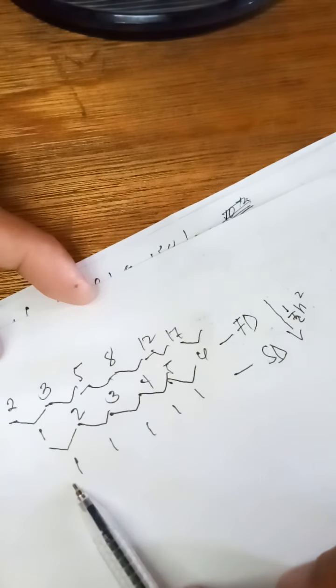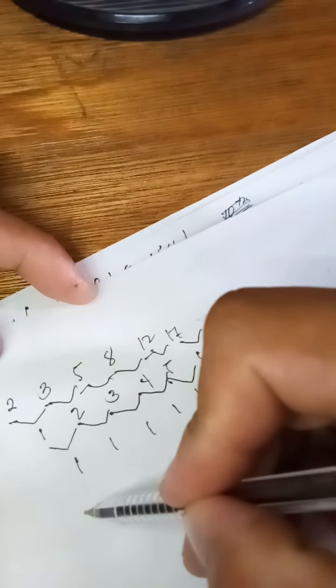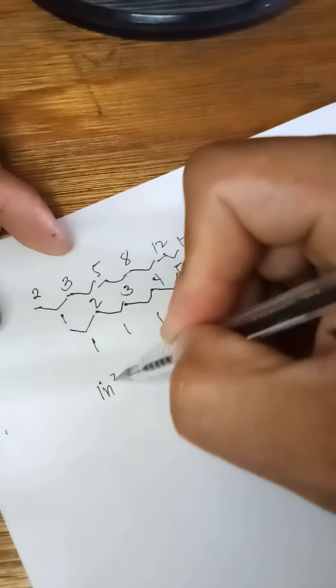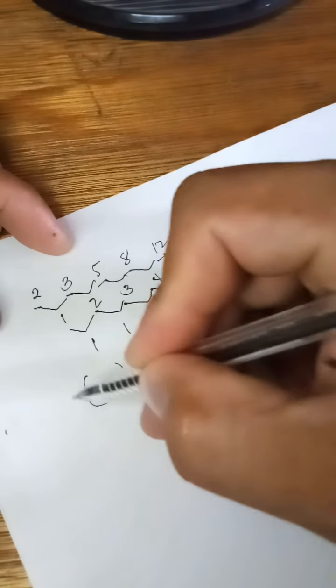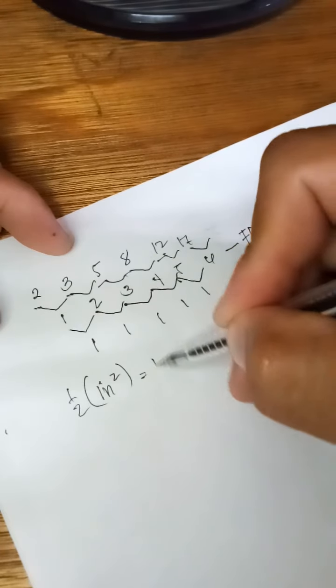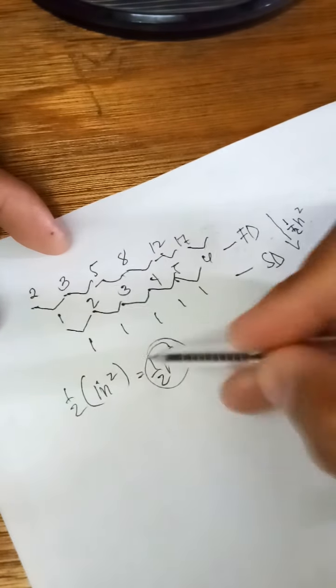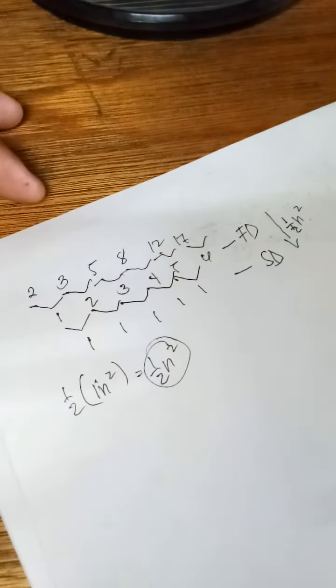So the second difference here, we have 1. So 1 n squared, multiply po natin sa 1/2. So that will be 1/2 n squared. So ito na yung magiging first part ng ating formula.